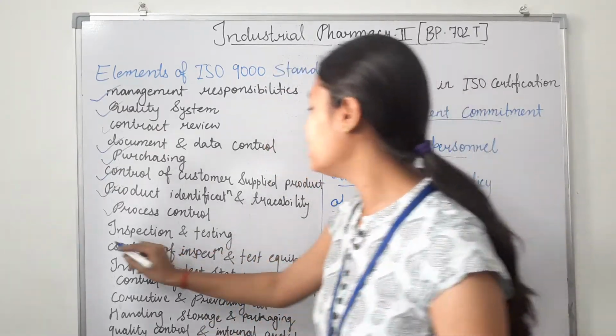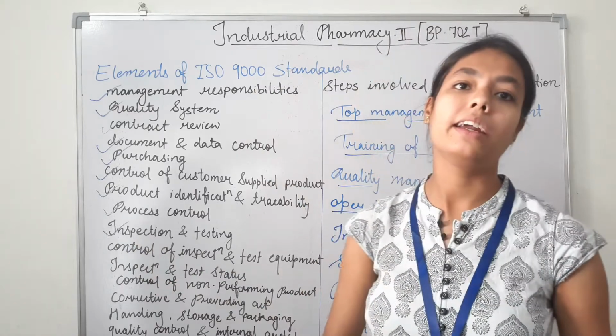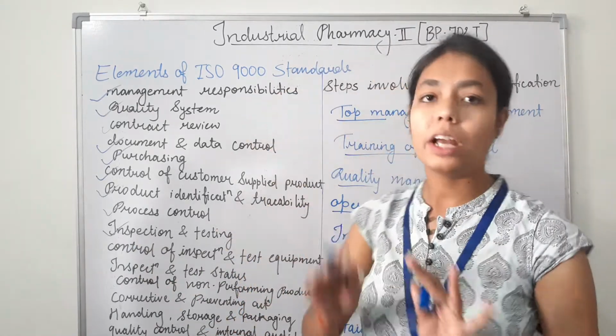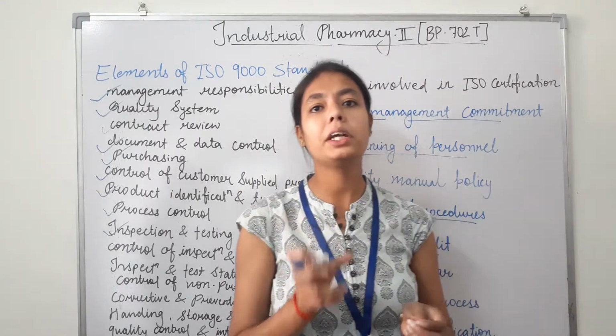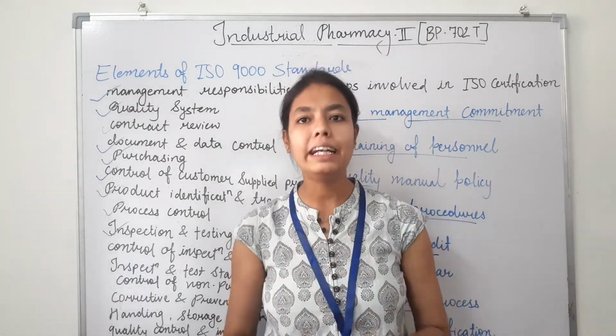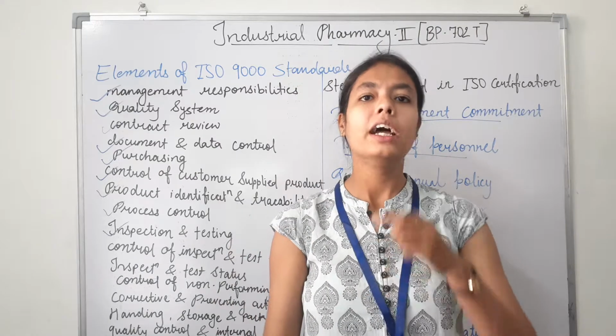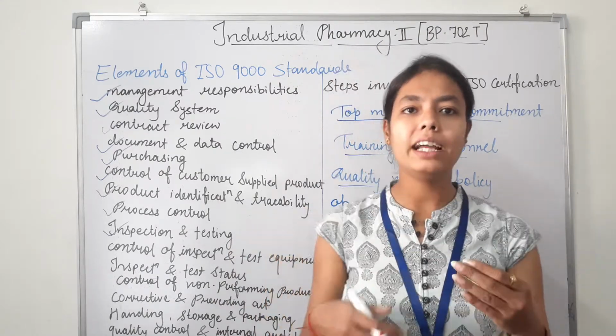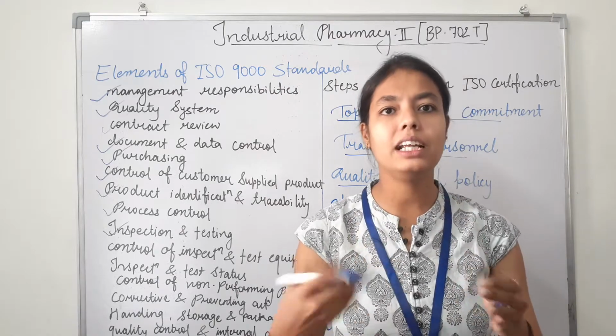After that, inspection and testing is the important part of the ISO 9000 series. In this, there is inspection and testing for the incoming goods, in-process materials and the final products, or we can say final inspections.